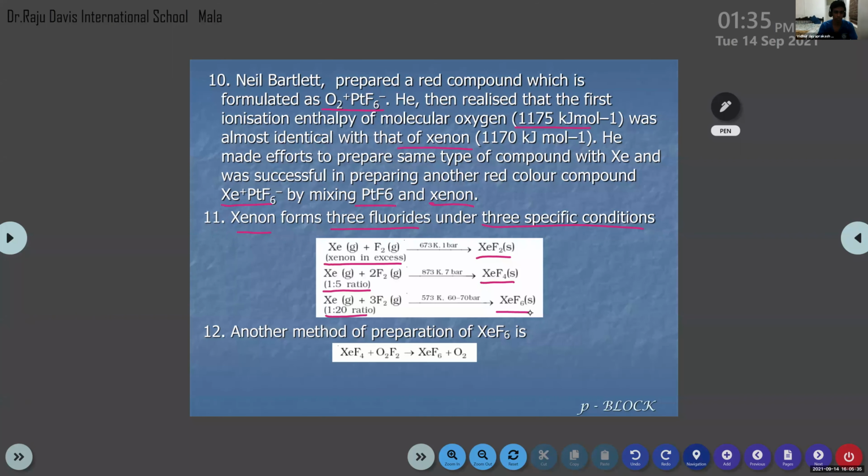Yes, ma'am. Okay. Then the next compound, using XeF4 and O2F2, is another method of preparation of XeF6. So these are all known as xenon fluorine compounds, because xenon and fluorine combine together to form compounds.